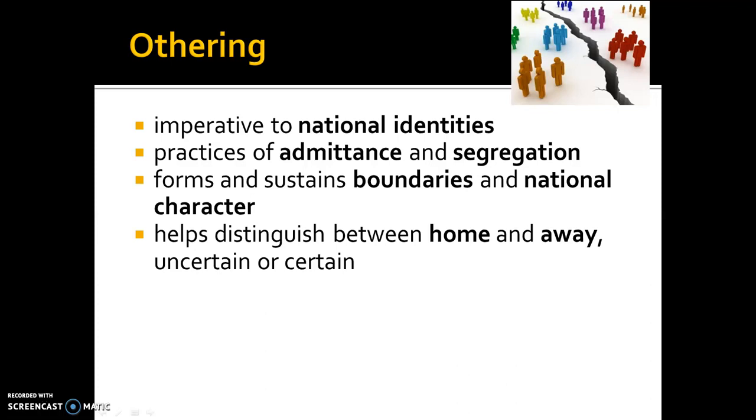So this helps groups distinguish between what is home and what is not home, what is certain and what is uncertain. So within the space that has been drawn up and defined lies certainty, outside of that lies uncertainty. Within it lies home, outside of it lies away.